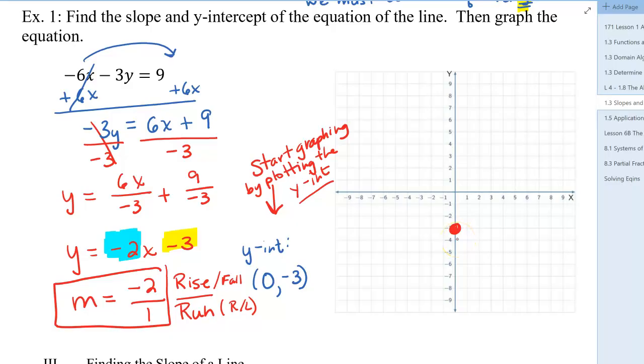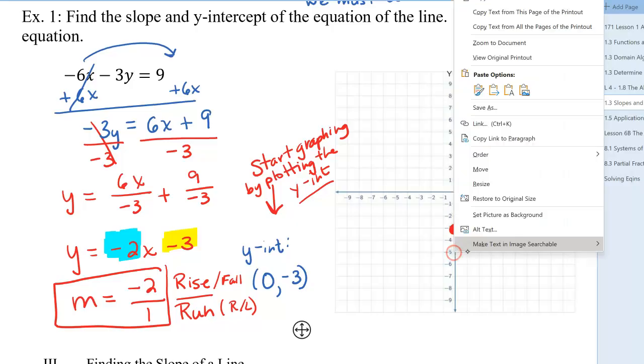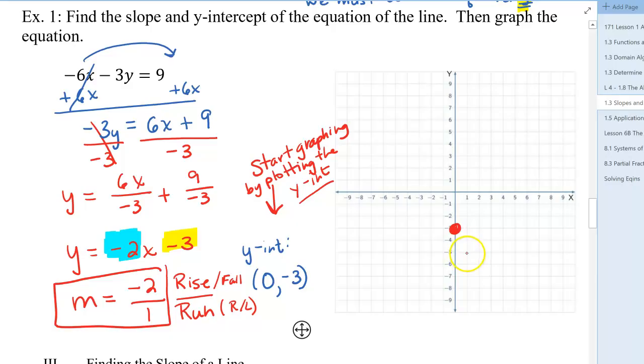Since the top number is negative 2, I'm going to fall 2, then go right 1. I can continue to do that: fall 2, right 1. I can also think of negative 2 over 1 as positive 2 over negative 1.